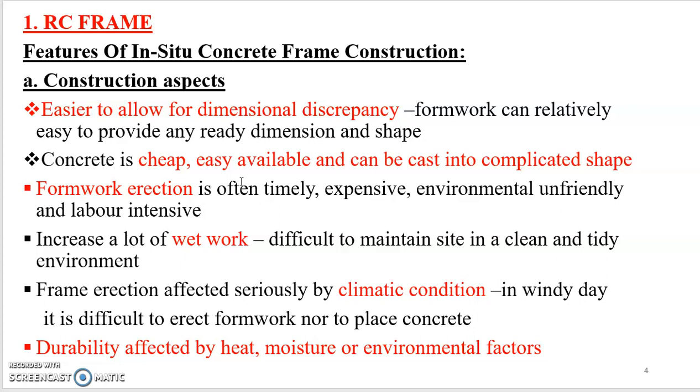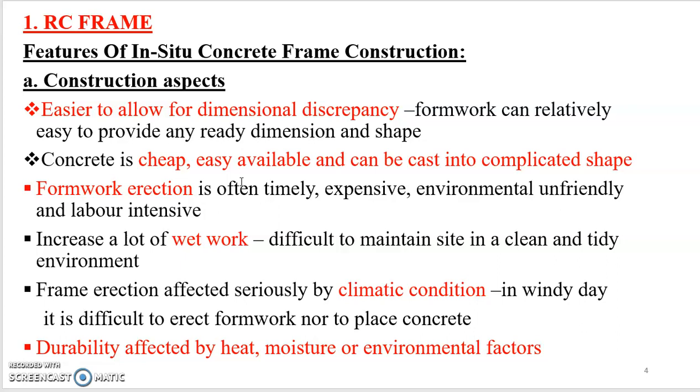First one, easier to allow for dimensional discrepancy. That means formwork is relatively easy to provide in any required dimension and shape. That means we can construct any concrete structure by using formworks of the required dimensions.